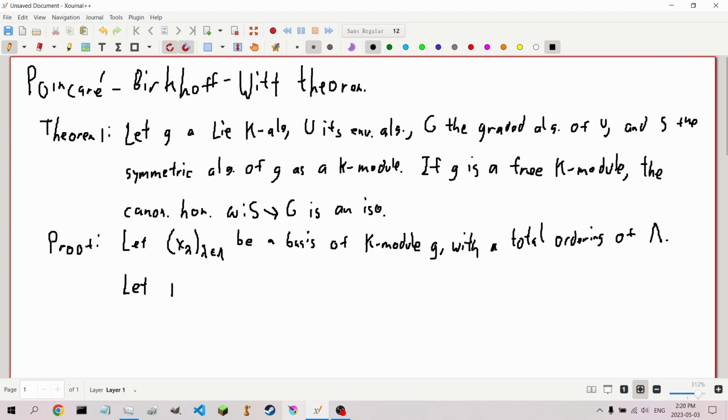Going to let P be the polynomial algebra over K in indeterminates Z lambda, for lambda across our indexing set, with a Z lambda for each x lambda, and vice versa.